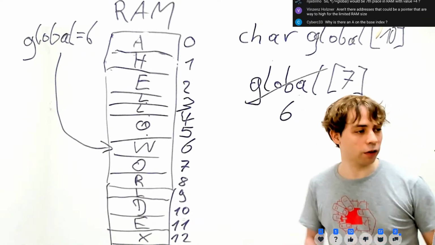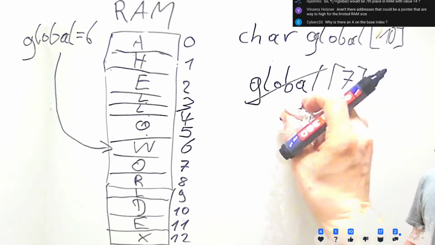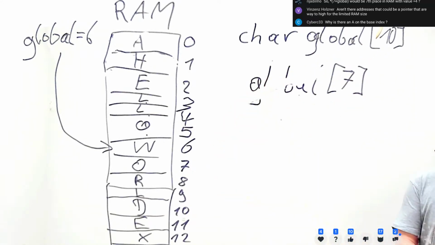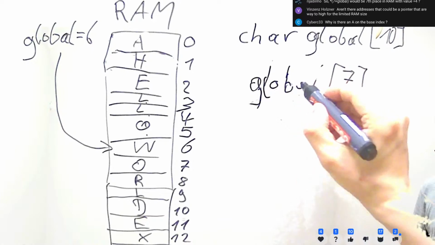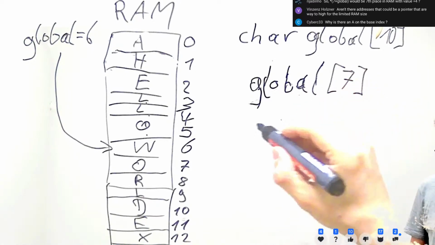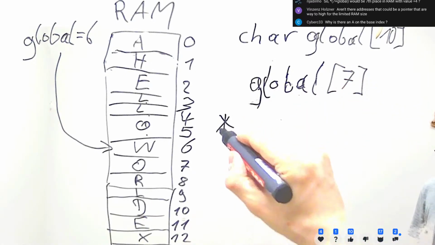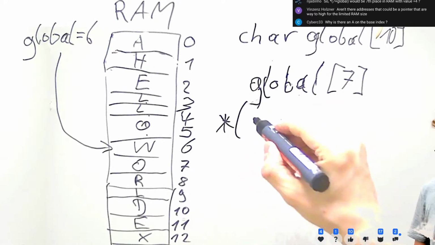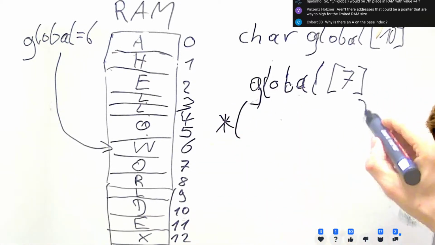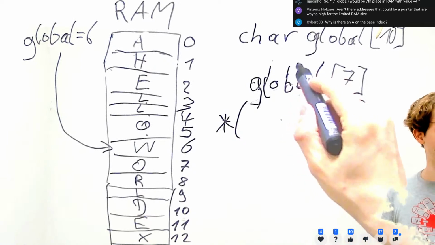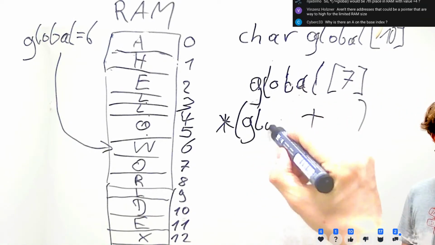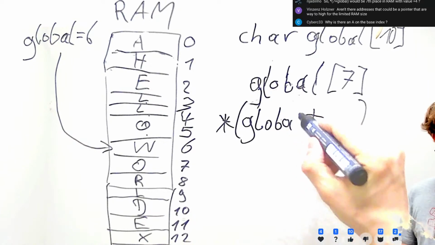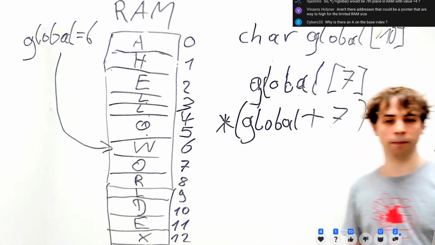It's like a math equation. And the compiler also says, let me write that down in multiple lines because that's maybe a bit nicer. So global at this offset is the same as, you can always write it like this, it's always this pattern, array name and index: global plus 7.